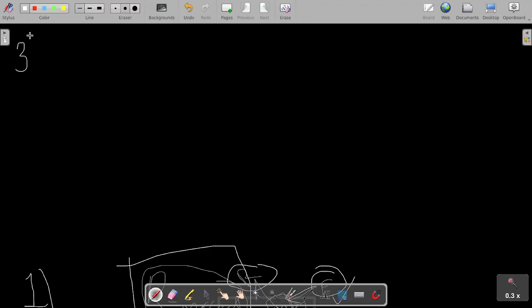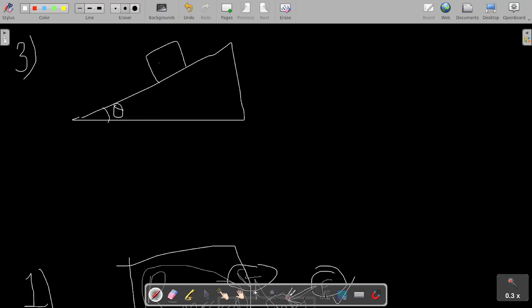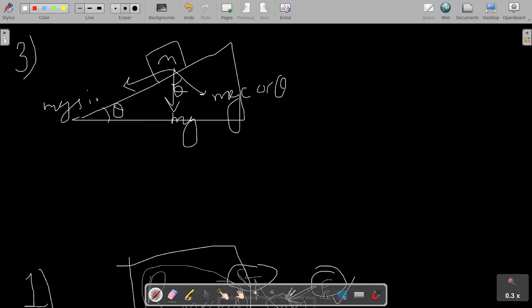Now there is a third case, and this third case is the same diagram, with mg downwards and theta, mg cos theta and mg sin theta, and this R balances the mg cos theta in the upward direction.